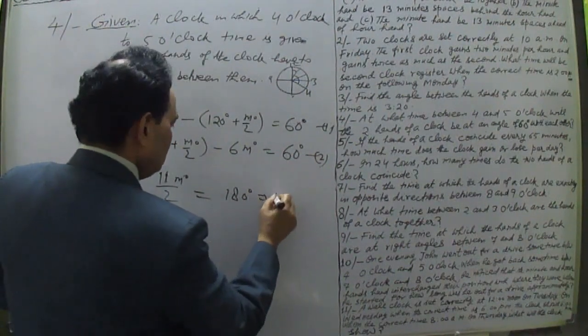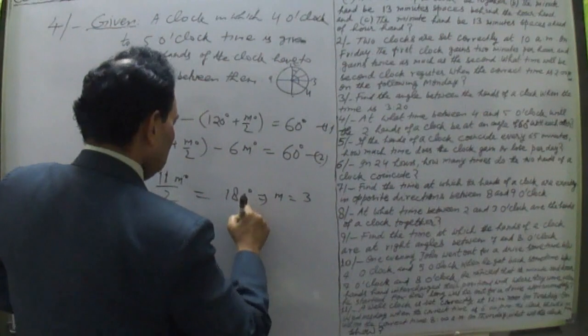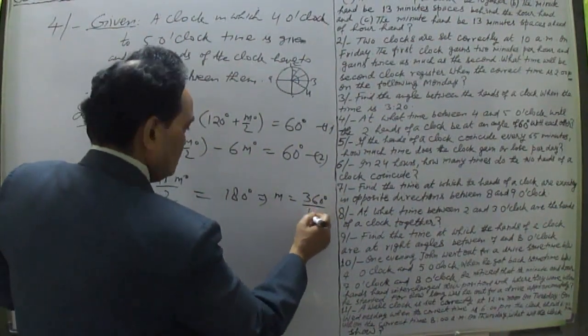This implies that m is equal to 180 into 2, 360 degrees upon 11.